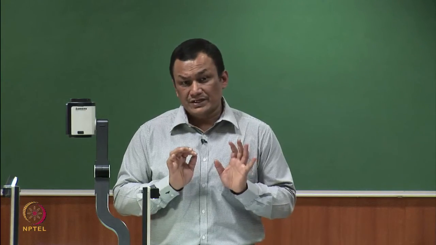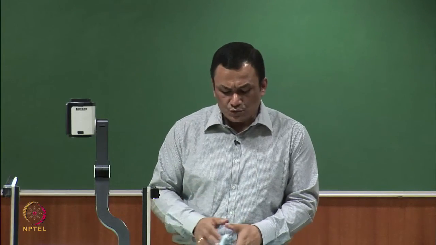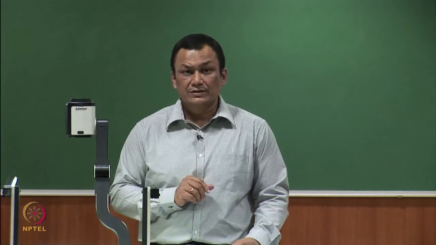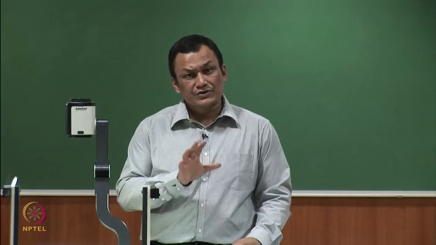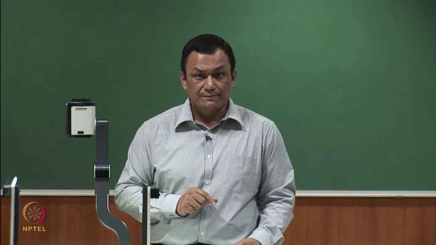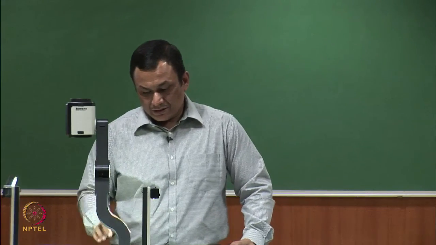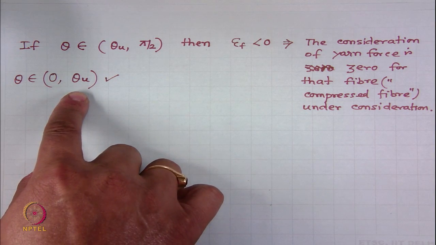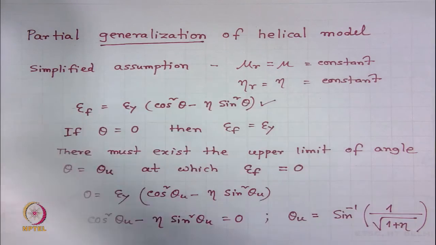Even if such a phenomenon is present, the number of fibers experiencing it will be too low, and for such a situation the yarn force can be considered to be 0 for those fibers. So we will consider the angle with lower limit 0 and upper limit theta subscript u.